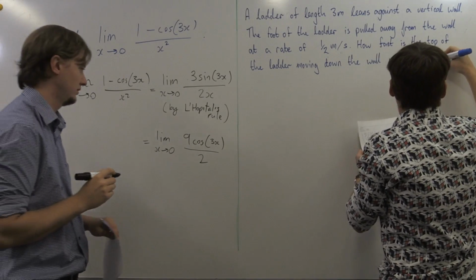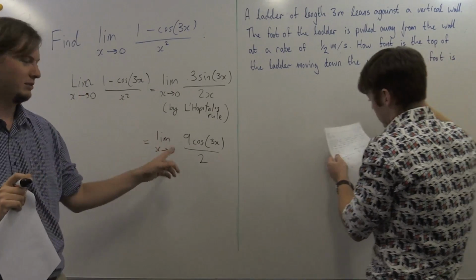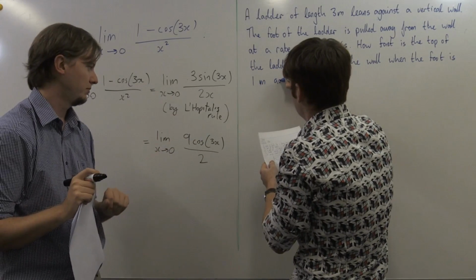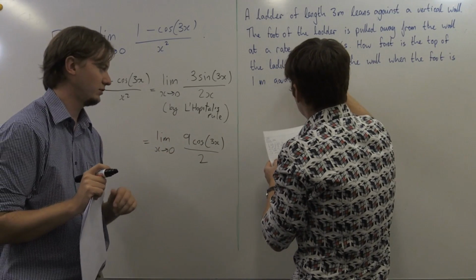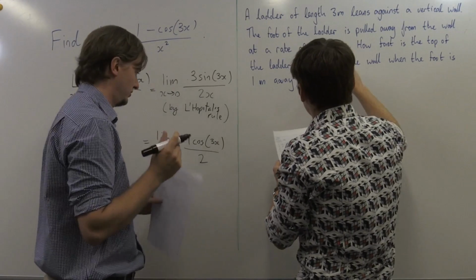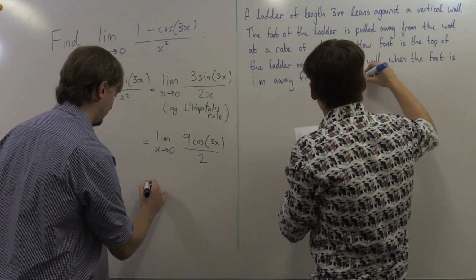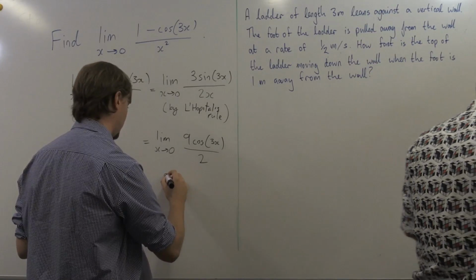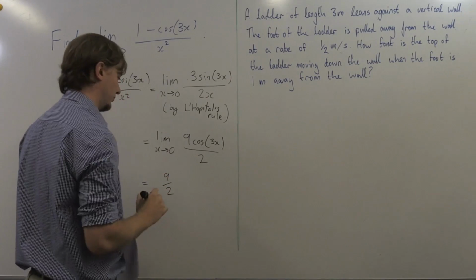And this limit I can evaluate, because this is a constant 2, and the top tends to 9 cos 0. 9 cos 0 is 9 times 1, or 9. So this is just going to be 9 over 2.